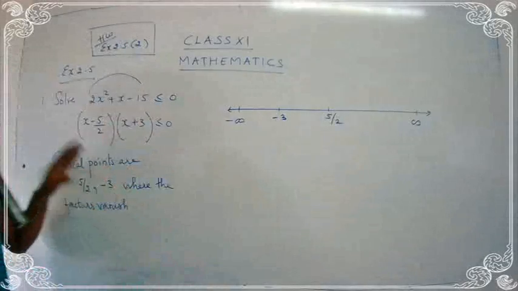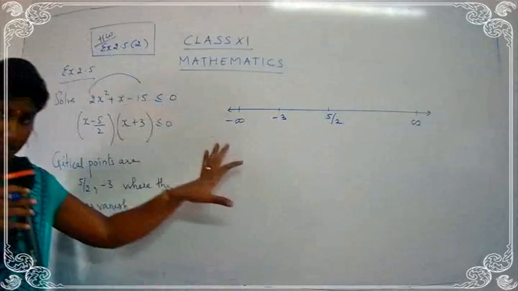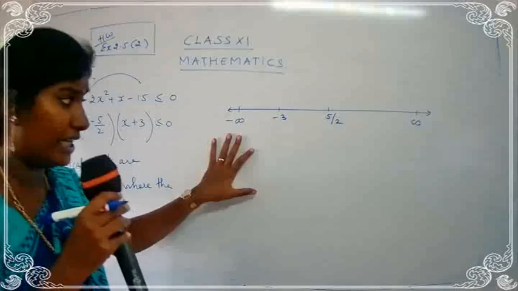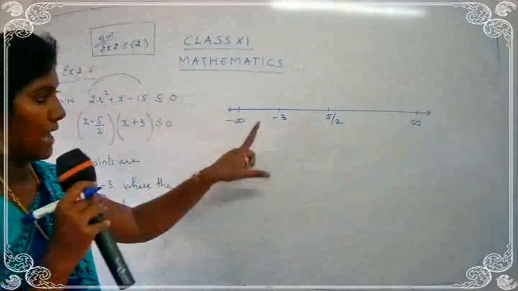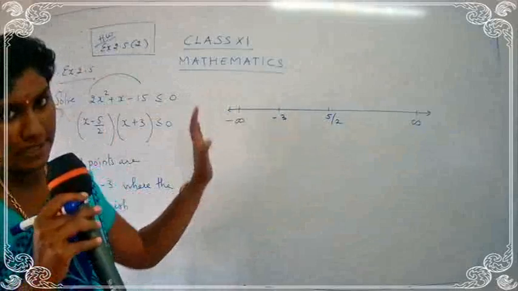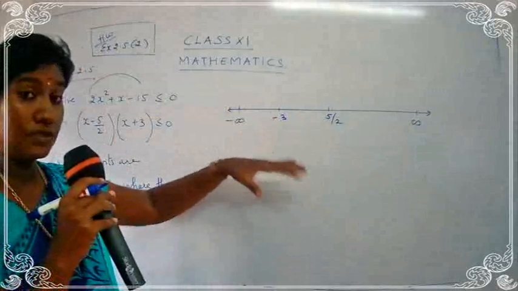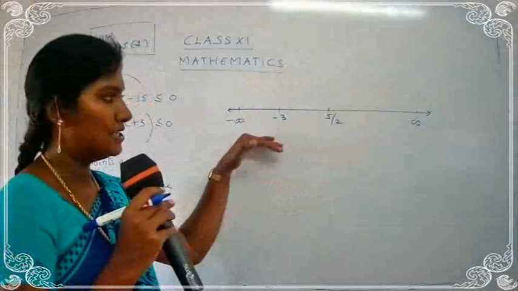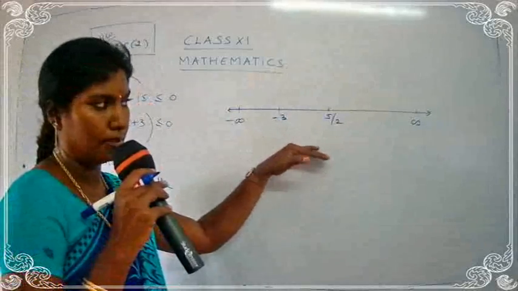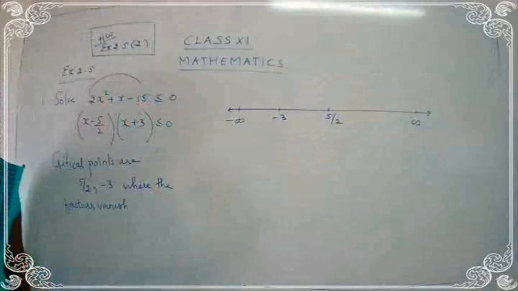We are just going to focus on the infinities. That is, I am going to write the minus infinity and the infinity, and you are going to write the critical values. So I have placed minus 3 on the left side. You know, negative number comes on the left side and the positive number comes on the right side. So I have just placed the numbers. Place the numbers carefully, children.